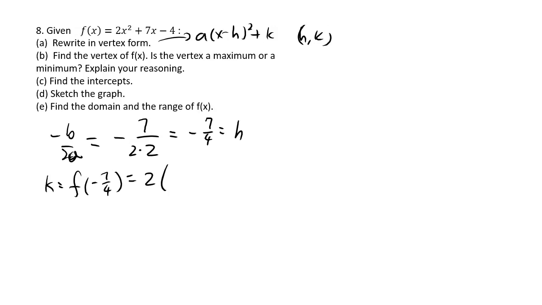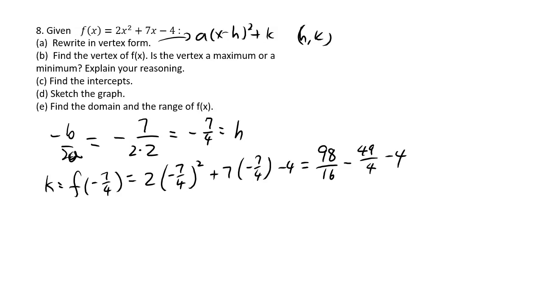And that's a whole mess. You have to square this, plus 7 times -7 over 4, minus 4. What's that? That's 49 over 16. 49 times 2 is 98 over 16. And let's see, that's minus 49 over 4 minus 4. And then you should multiply top and bottom by 4 so that you have a common denominator.